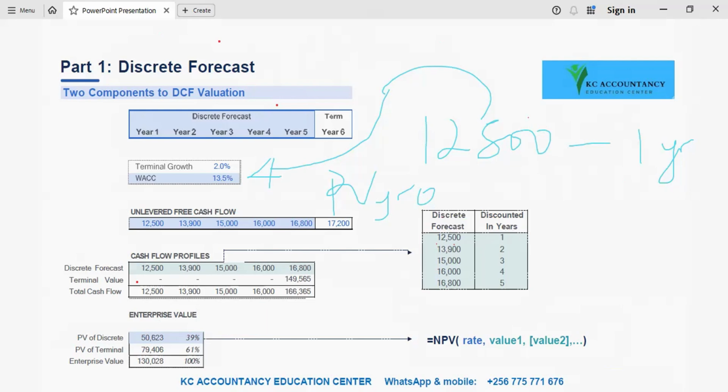So if we thought that the cash flows in year 1 were happening mid-year, in the middle of the year, because these cash flows here we've assumed are coming in at the end of the year, and we shall also get the present value at end of year 0. But with the assumption that the cash flows are not coming in at the end of the year, but in the middle of the year, what happens?